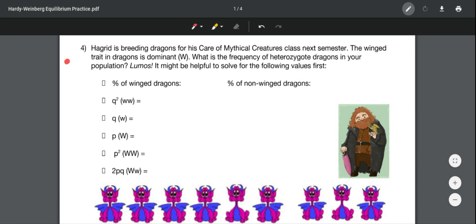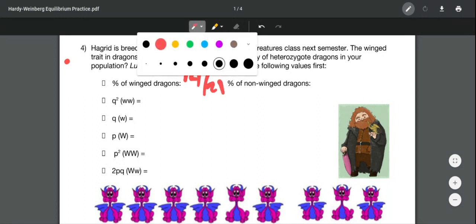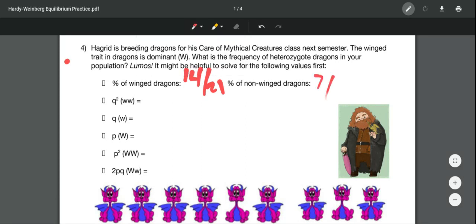All right. So first things first, if you look at it, out of the 21 dragons, 14 of them are winged. And 7 out of the 21, or 33%, or 0.33, are going to be recessive.